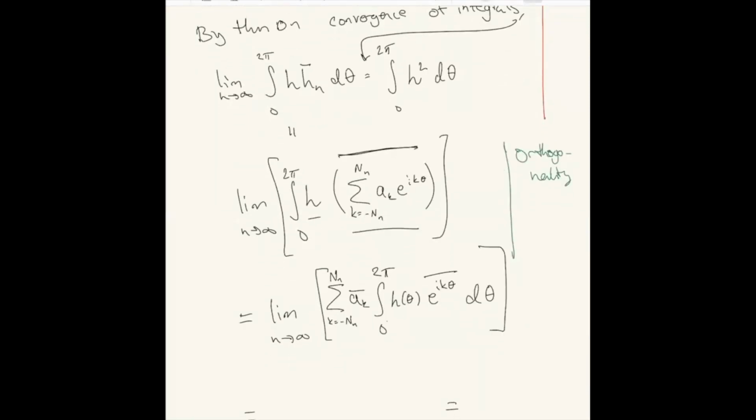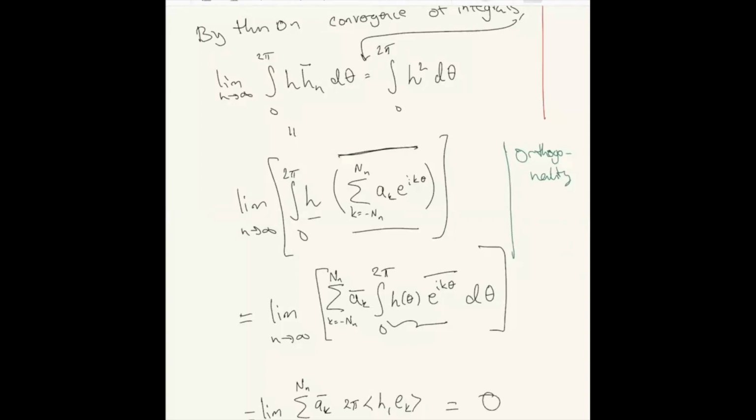But what is this here? This looks like an inner product. So let's write it as such: the sum over k equals minus little n to little n of ak bar. And there, the only thing missing is a 2π factor, so let's add the factor there: h inner product with ek. But this is equal to 0 by assumption.